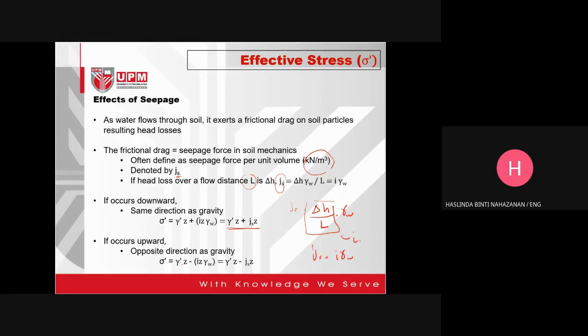So the effective stress is effective unit weight multiplied with Z minus frictional drag multiplied with Z. That is the effect of seepage, and you have to check the flow direction.